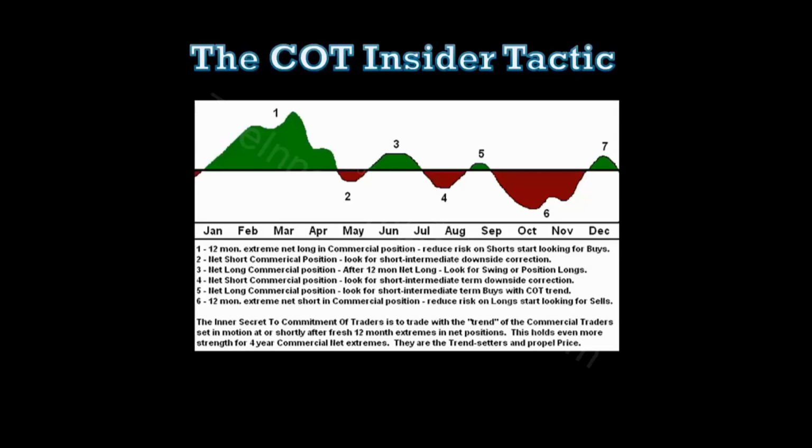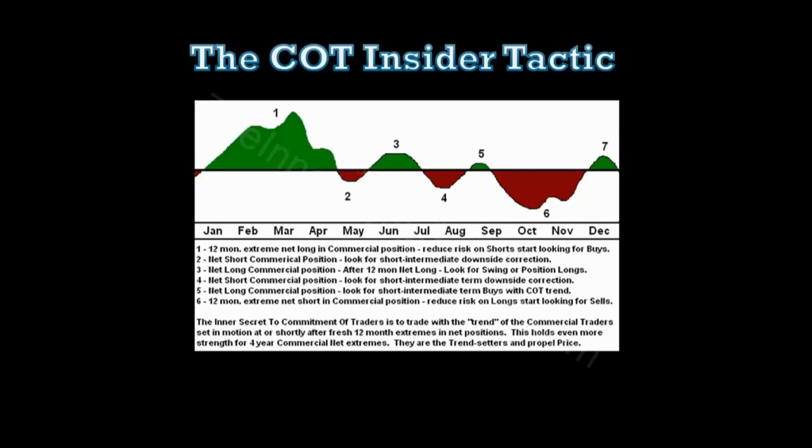Notice they're nowhere near the level they were before net long, but it does not matter. This is like an oversold condition for you. You want to be looking at that saying, wow, this is now another buying opportunity because they have now bought some more, prices dipped down and retraced. So now what's going to take place is you're going to again look for short to intermediate term buying opportunities because you're trading with the COT trend.